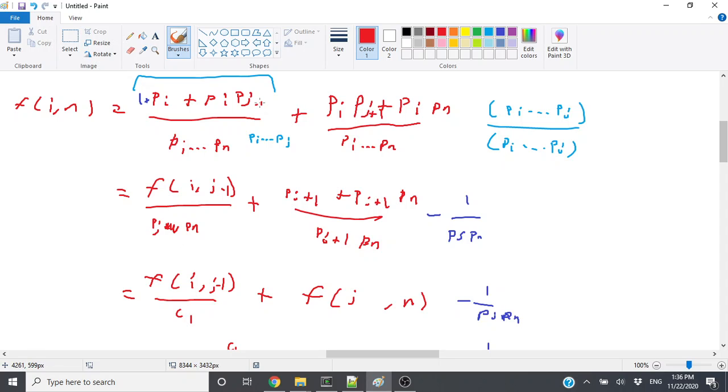Actually, then this should be j minus 2 or something. Right, so then pj, j minus 1 should actually go here. How would that work? If we want it to be... It's supposed to not include that.